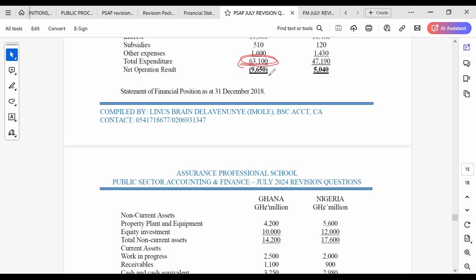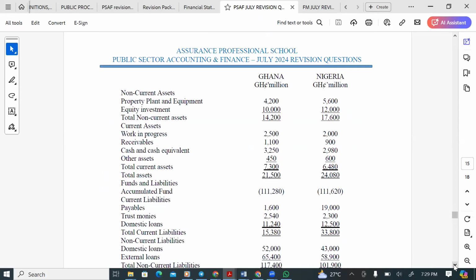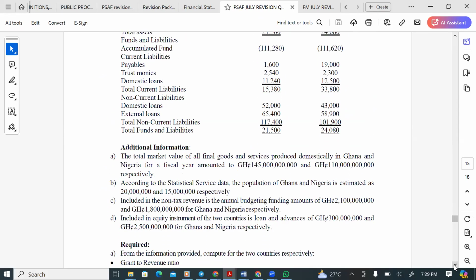If that's not the real measure, how would they consider you? They are saying total expenditure, and you can see total expenditure there, so you just write it, no problem. You have taken the total expenditure to that figure.